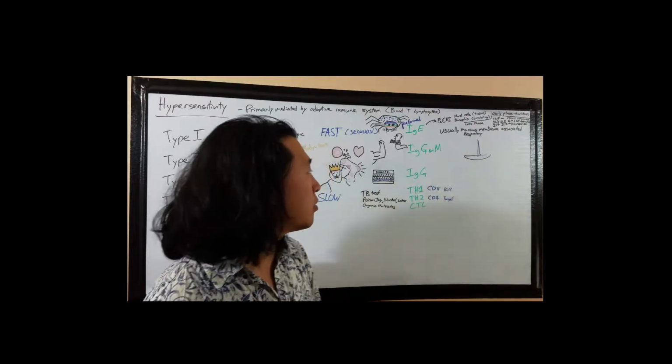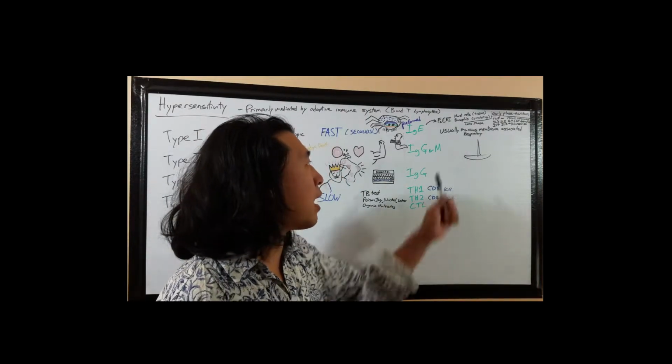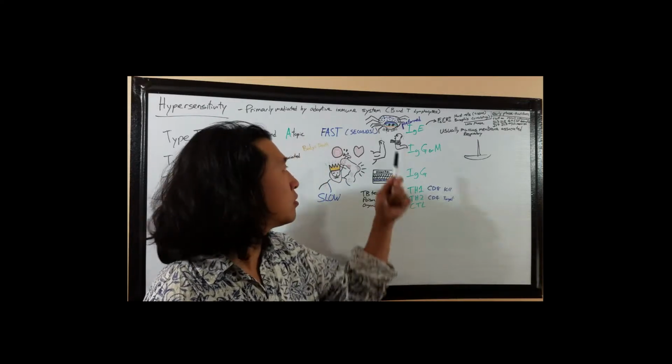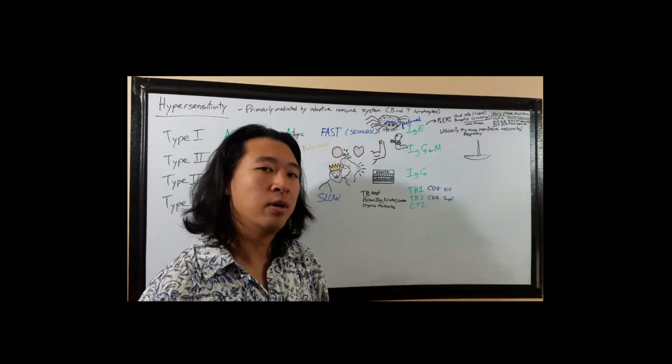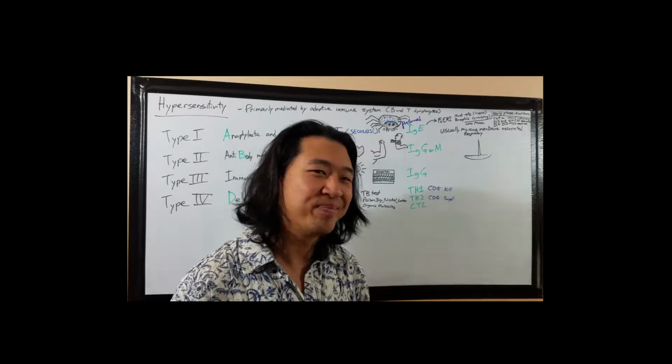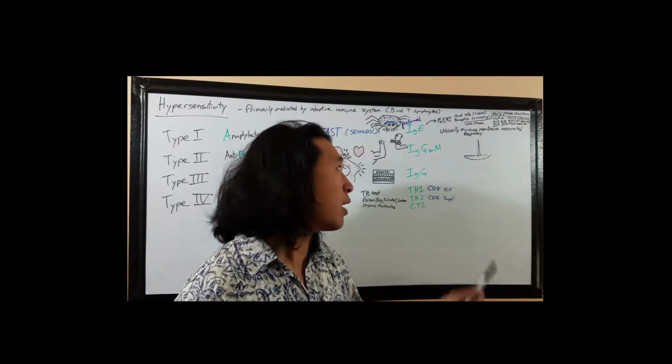It's gonna trigger Fc epsilon RI, and that actually sounds like the word fierce. You see this fierce-looking spider over here, right? And you think to yourself, well, I can remember that. And remember IgE, and it's epsilon over here.